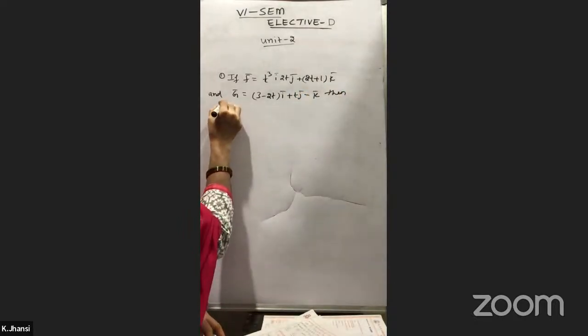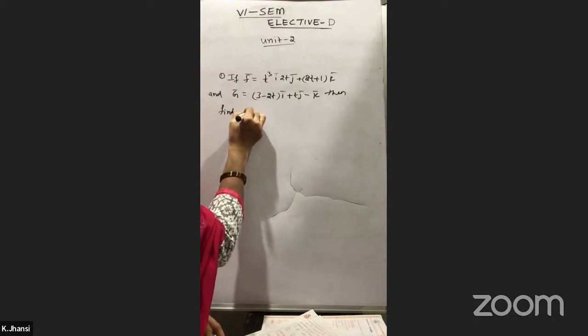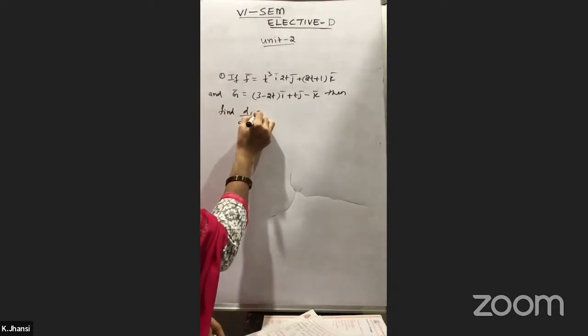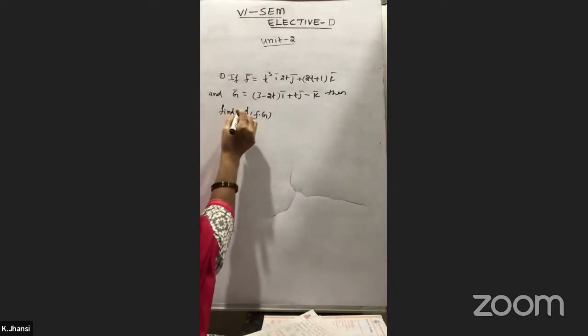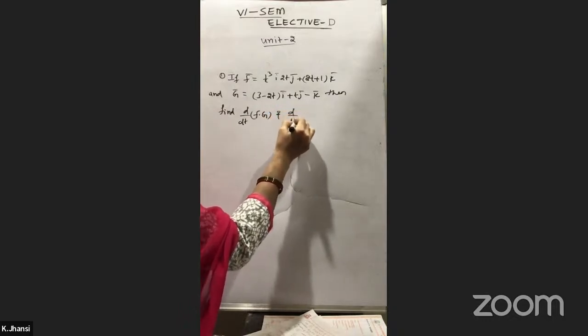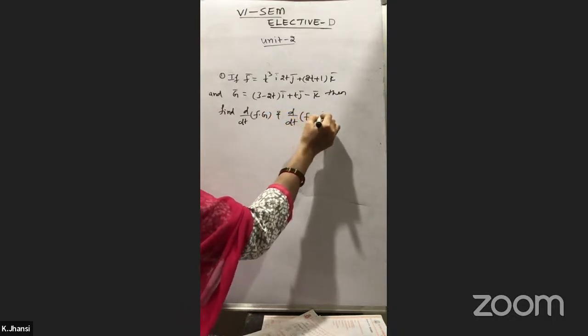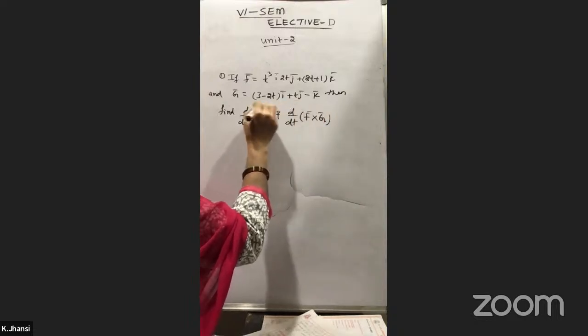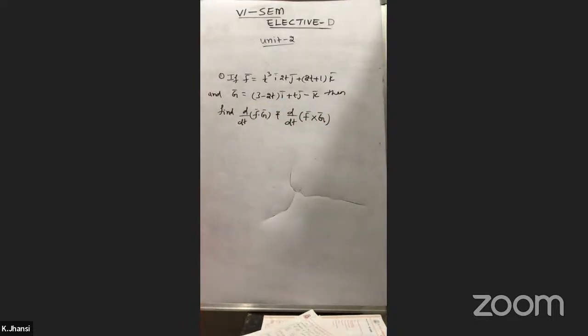Then find d by dt of f dot g, first one is this one. Next, d by dt of f cross g. Okay, so we need to find the dot product and also the cross product of this one.